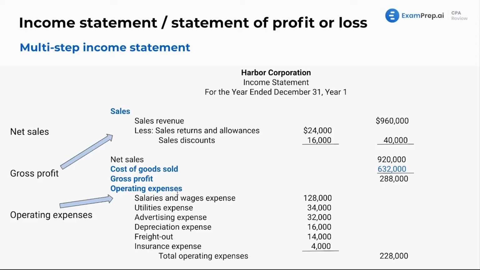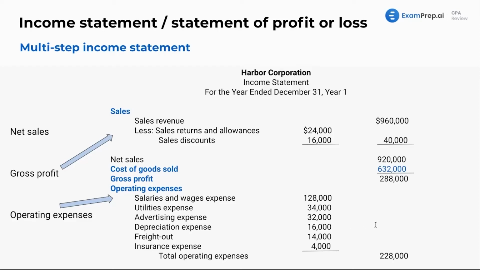And then what are our operating expenses? These are all pretty normal, common expenses you would see in a business, right? You need to pay people, you need to pay for utilities, you got to advertise, you depreciate your assets, you ship things, and you insure those goods. All right.